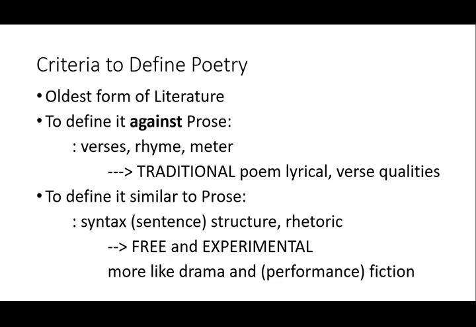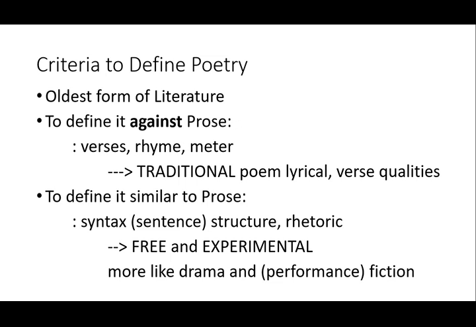Now, if you look at the traditional attributes or characteristics of poetry, the verses, rhyme, and meter, this works really well to analyze the traditional poem because all of them are really lyrical and they're written in verses instead of paragraphs like you would see in a prose.